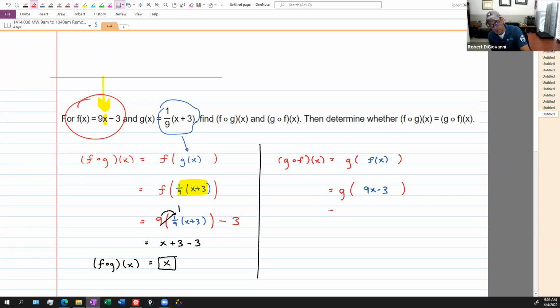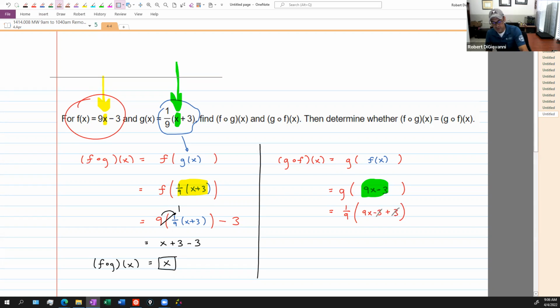And then we take that and plug that into g for x. So everywhere we see the x in the g function, we will replace it with 9x minus 3. So let me go ahead and write down the g function, 1/9, and then comes the x, which is 9x minus 3, then plus 3. Like that.